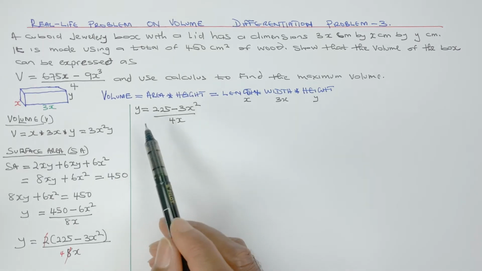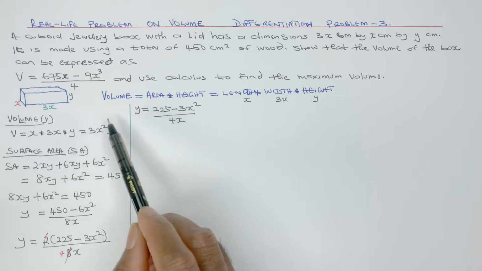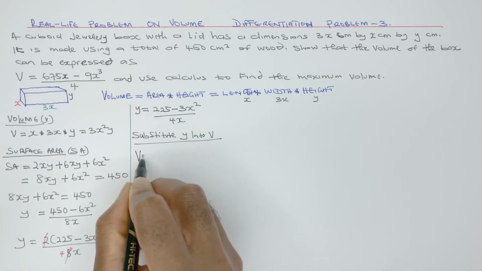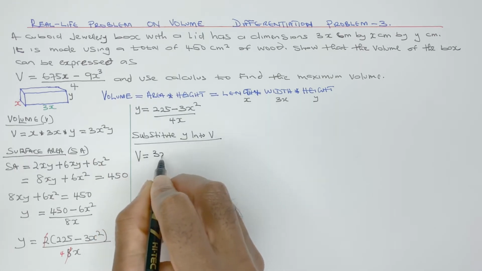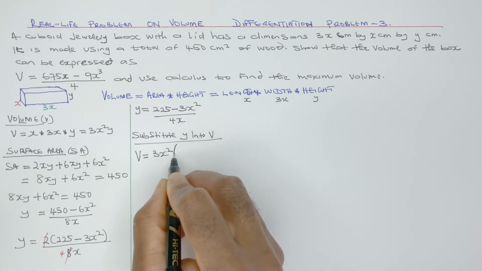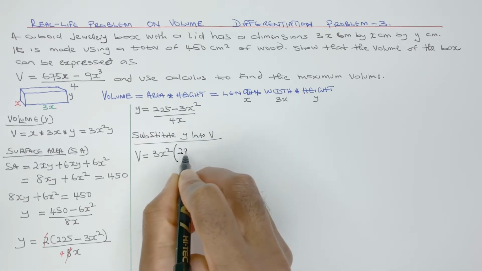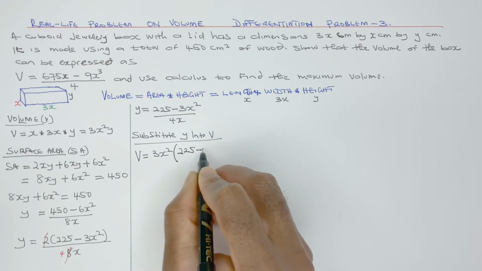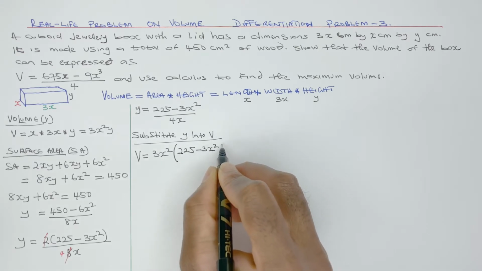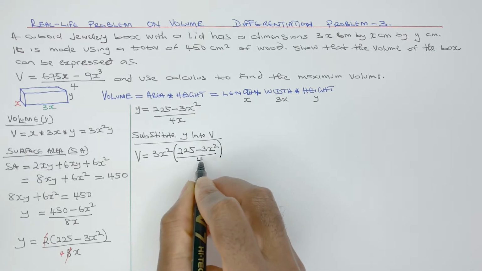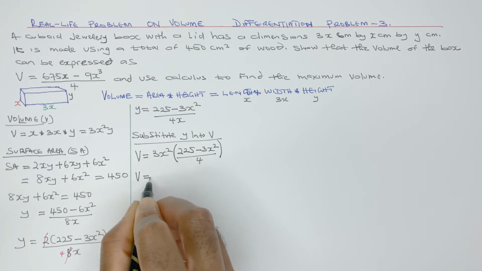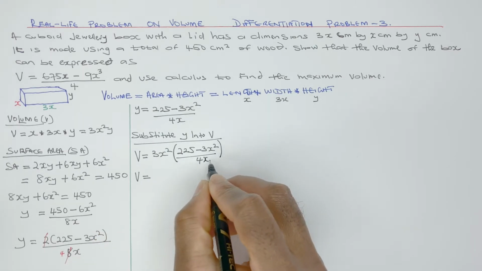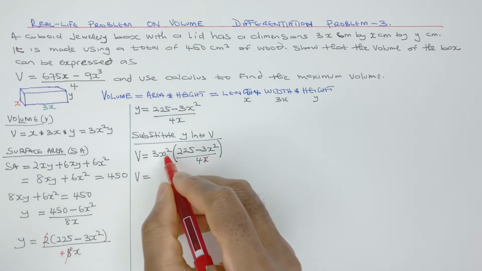What I'm going to do is substitute y into here. So V equals 3x squared, open bracket, 225 minus 3x squared over 4x, by the way. The x here cancels the x.